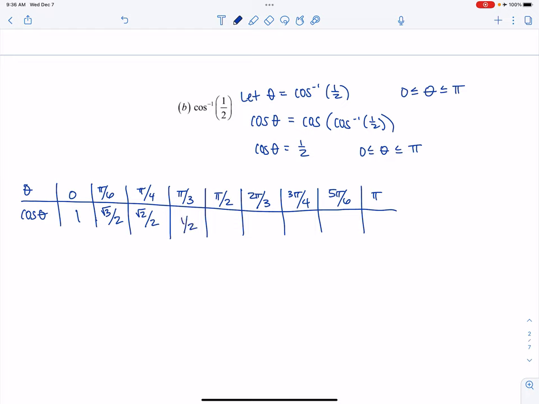At pi over 2, cosine is 0. At 2 pi over 3, cosine's negative 1/2. 3 pi over 4, cosine is negative root 2 over 2. At 5 pi over 6, cosine is negative root 3 over 2. And at pi, cosine is negative 1.